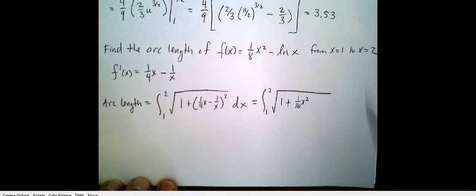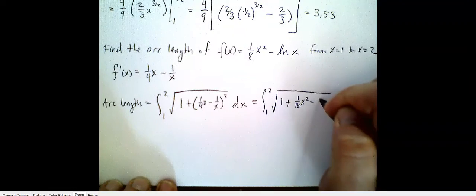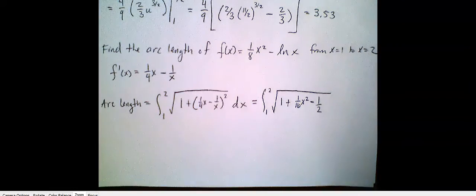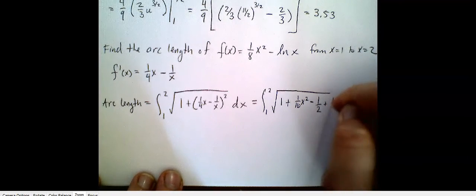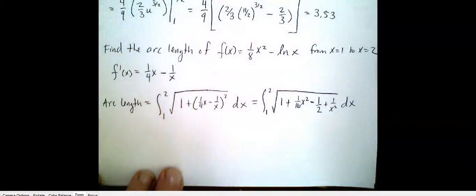So we'll have -2 of those, so -1/2. And then lastly, we'll have plus 1 over x squared dx.